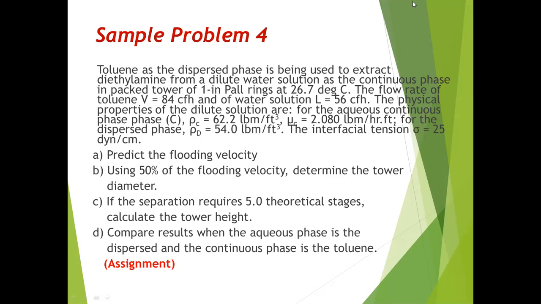So let's go to our whiteboard. Okay, so we'll start with what we can work out. Your dispersed phase is toluene, so I'd like to write it as V sub D. The volumetric flow rate of your dispersed phase is given to be 84 cubic feet per hour.